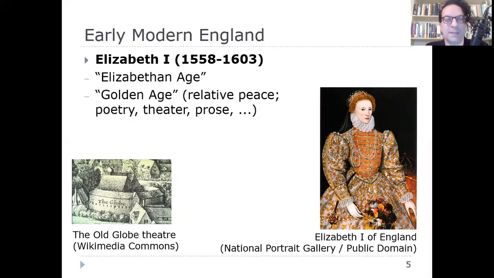It was an age in which a lot of famous poetry, famous drama, and even some prose texts were written in English. So it's also a sort of golden age for English literature for various reasons.